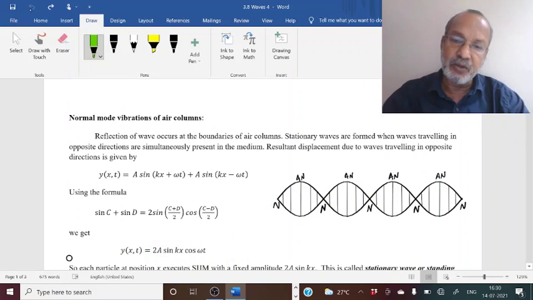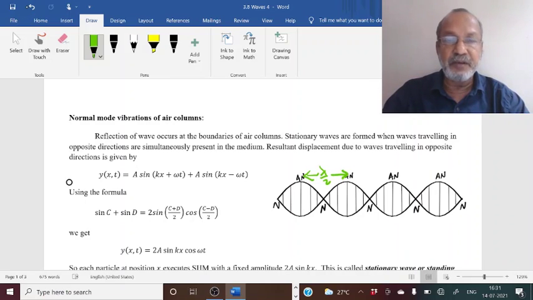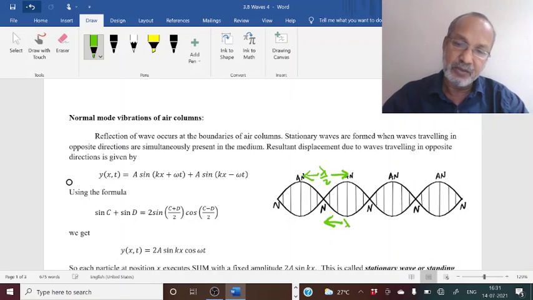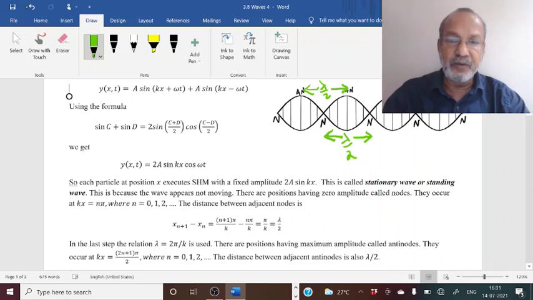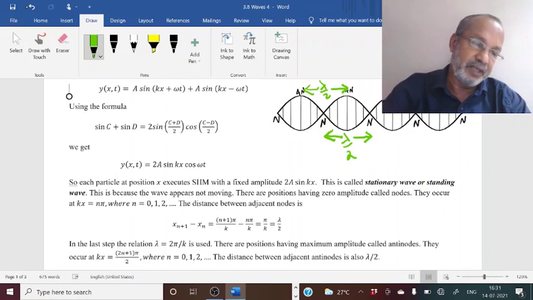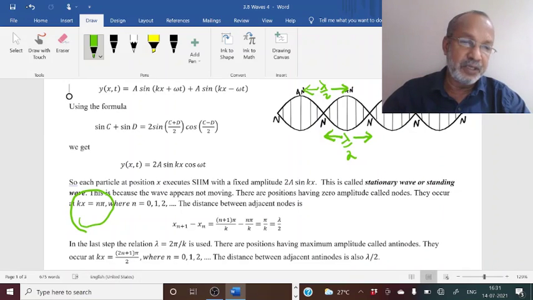And you can also show that the distance between two adjacent antinodes will be lambda by 2, where lambda is the wavelength of the wave, which is equal to 2 pi by k. And we can also show that the distance between adjacent nodes is also lambda by 2. For example, in the case of nodes, we have the condition kx equal to n pi at nodes.